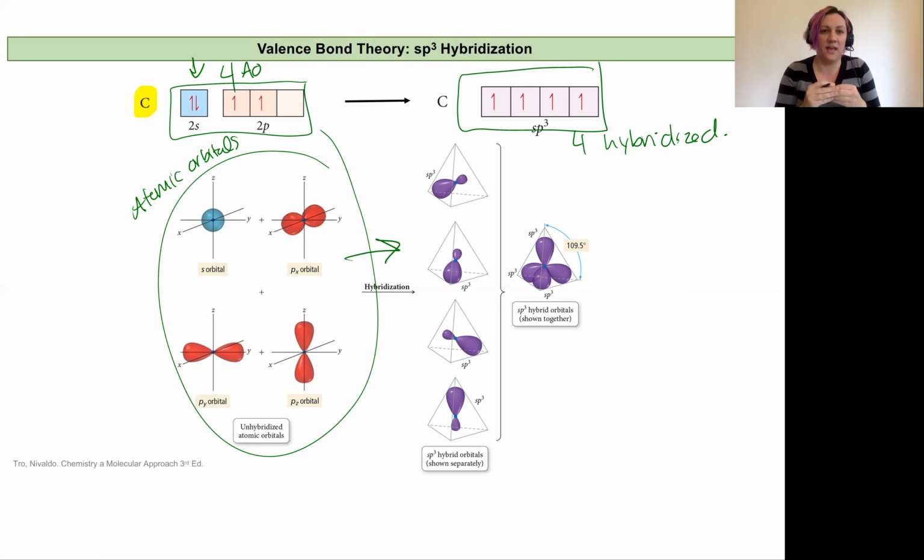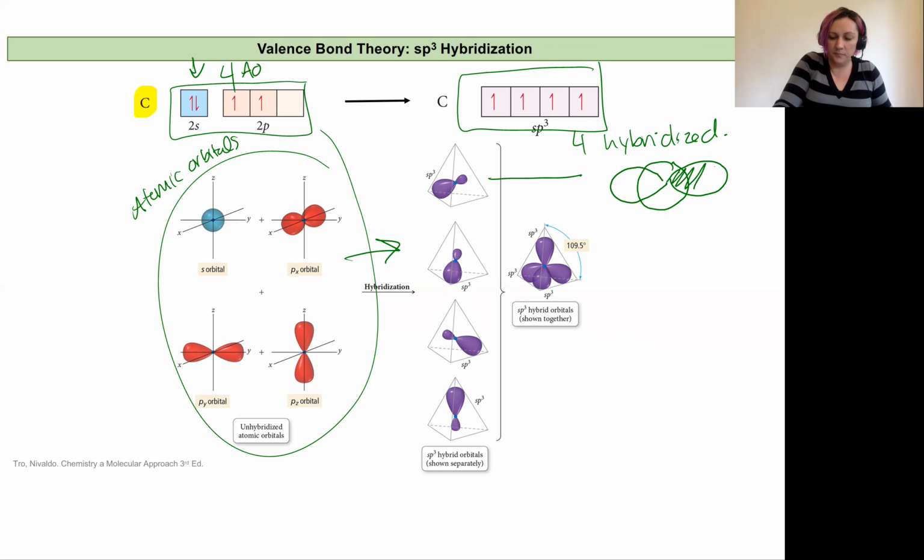And the shape of them, because we are combining, essentially think for each of these, we're overlapping an s orbital and a p orbital, right? So the space where the phases are out of phase would be a space of destructive interference, not constructive. These are going to get smaller, and that's going to become this piece right here.